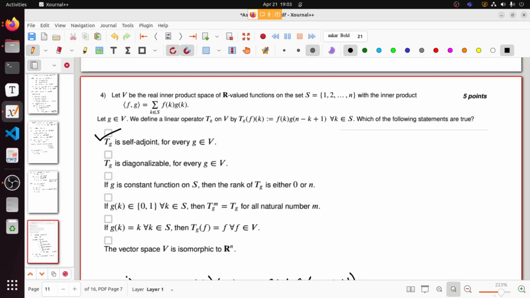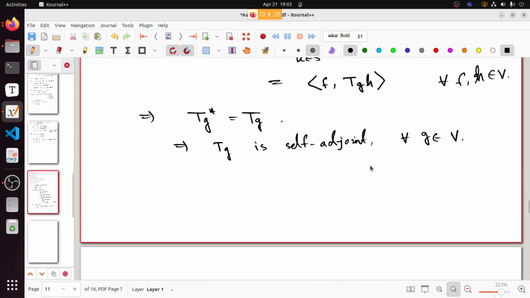It's saying that Tg is diagonalizable for every g. This is easy because we have proved that Tg is self-adjoint, therefore Tg is diagonalizable. So option number 2, as Tg is self-adjoint, therefore Tg is diagonalizable.